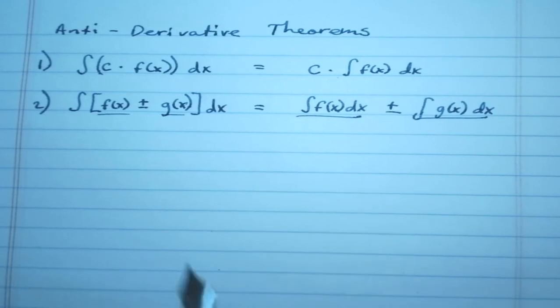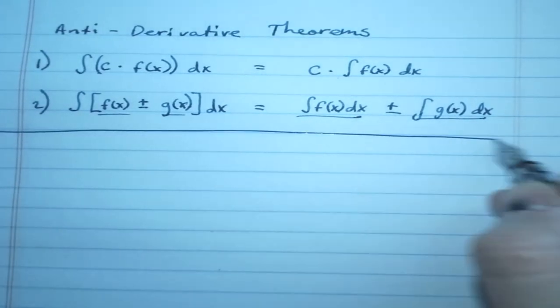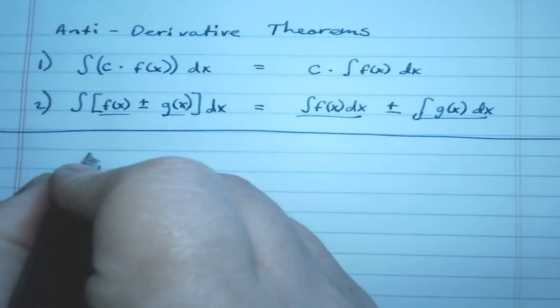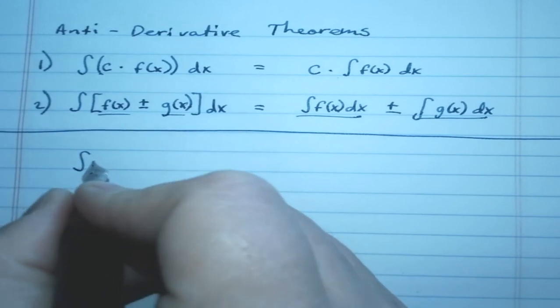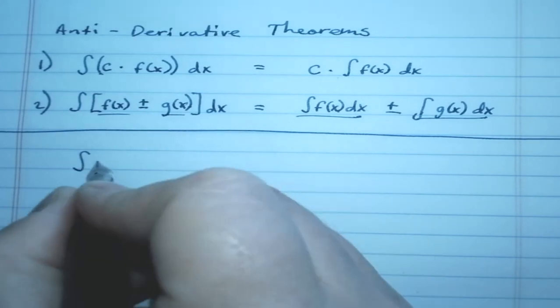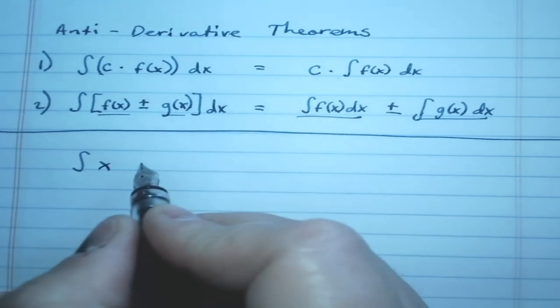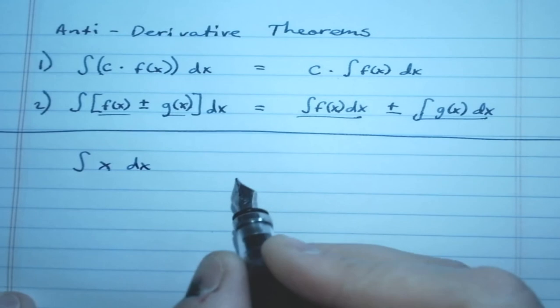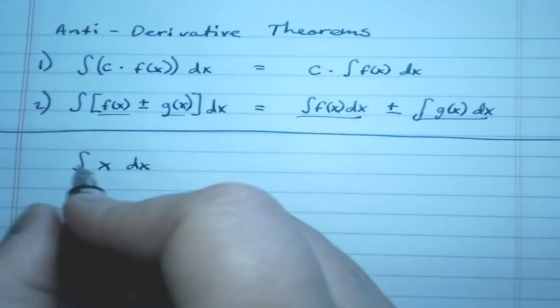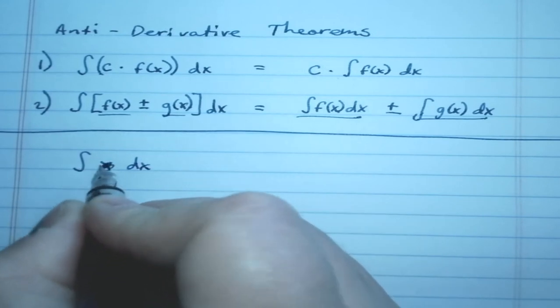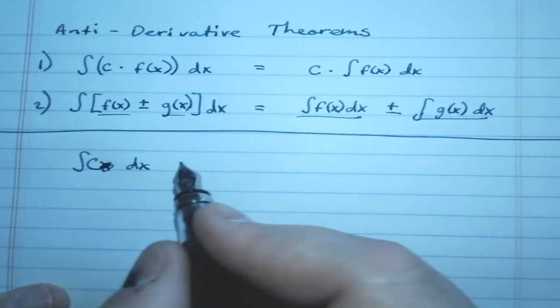Now, the last thing you need to know is if I take the antiderivative of, let's say, x, the antiderivative of x with respect to x, or let's say the antiderivative of a constant with respect to x.